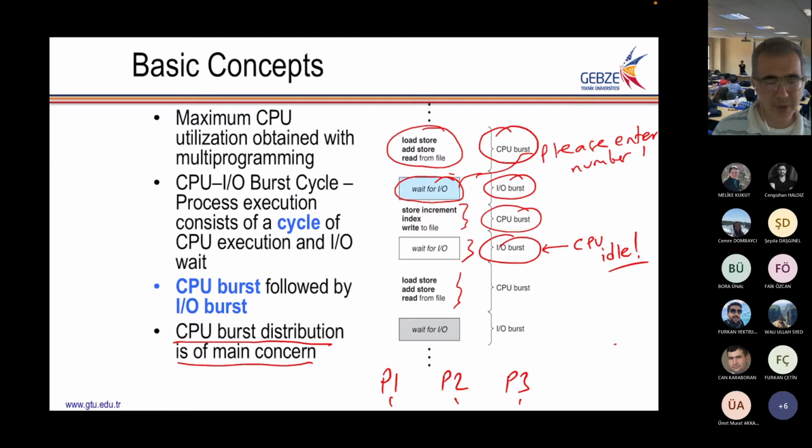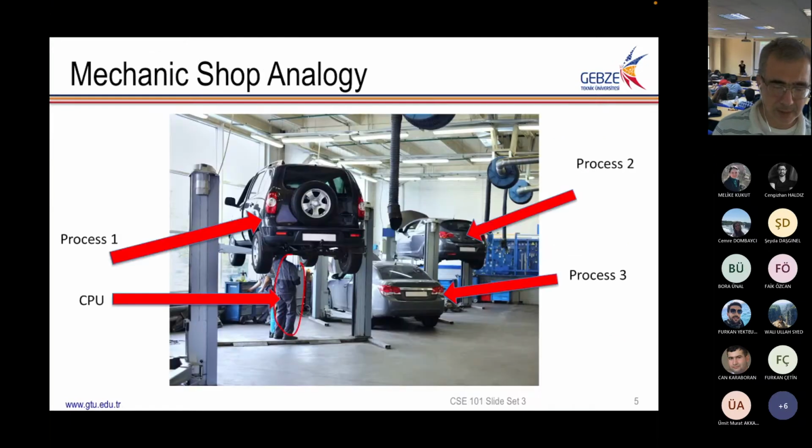So in a machine shop, which is a computer, an operating system, you may have a CPU, and you may have multiple tasks, processes. Each process will be executed by a CPU. Here there is another CPU, I think, but I consider it as one person. So only one CPU is available in this image.